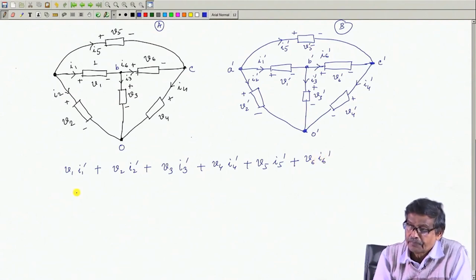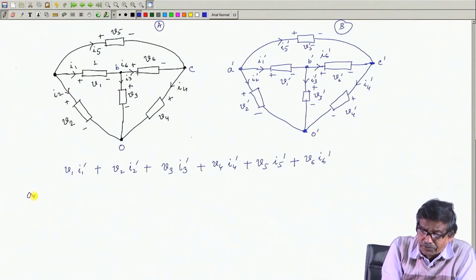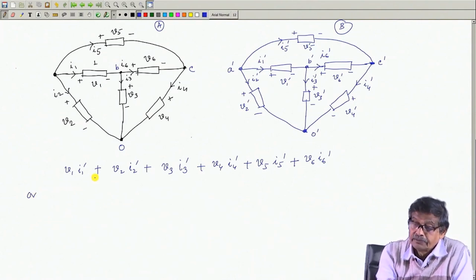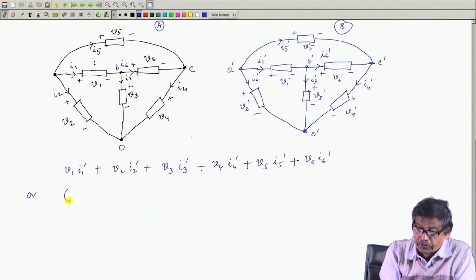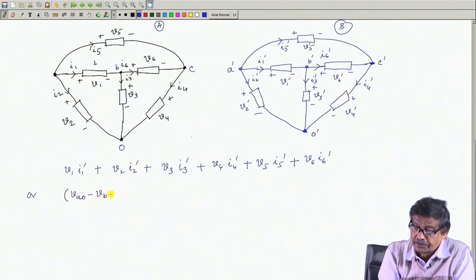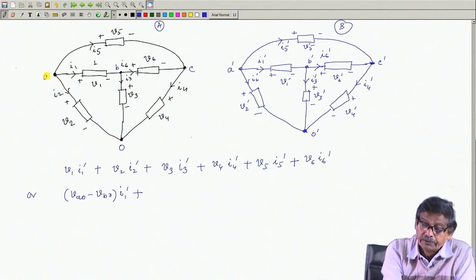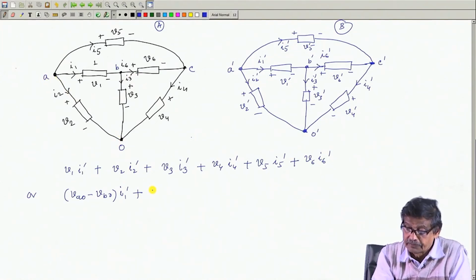Here once again I will do the same thing, that is V1, this voltage is of course equal to V_A0 minus V_B0 into I1 dashed. V2 is nothing but V_A0, this is A, mind you, plus V_A0 into I2 dashed.